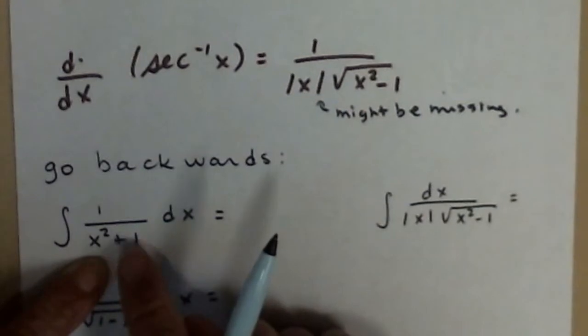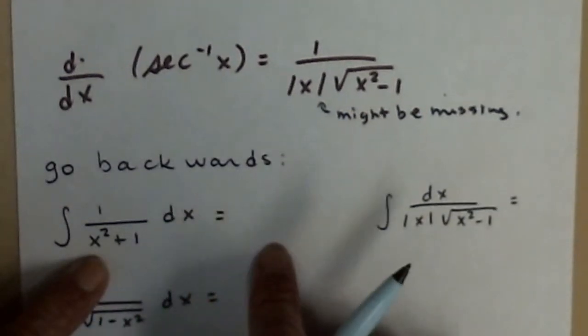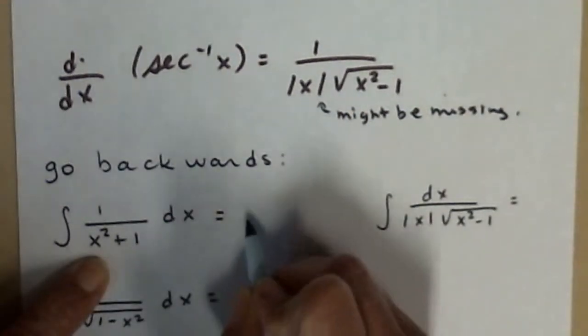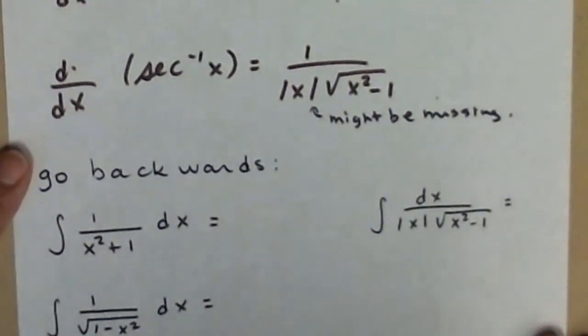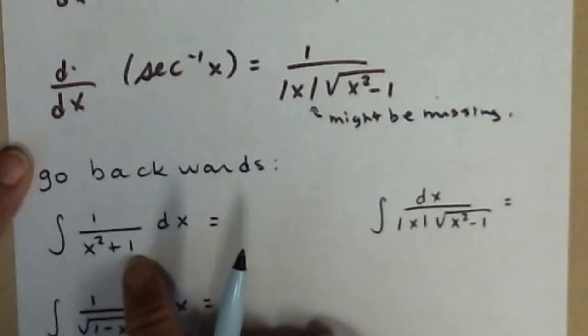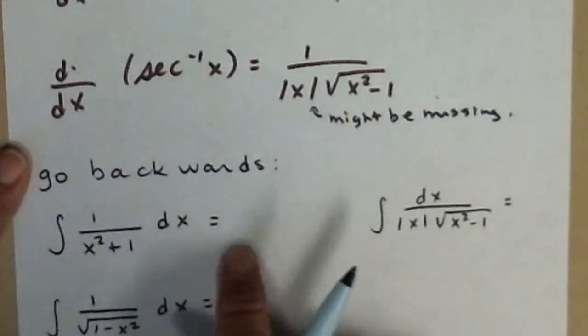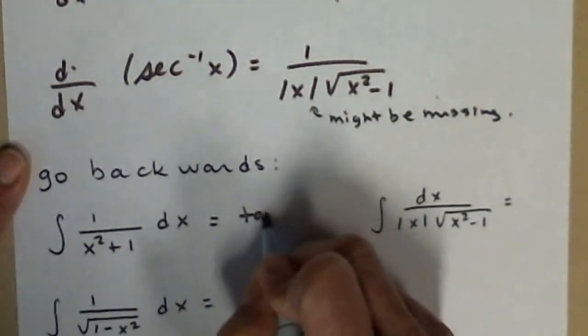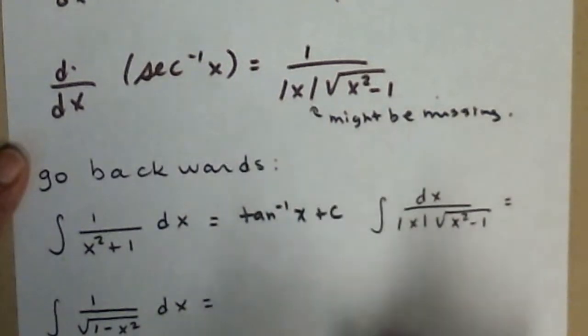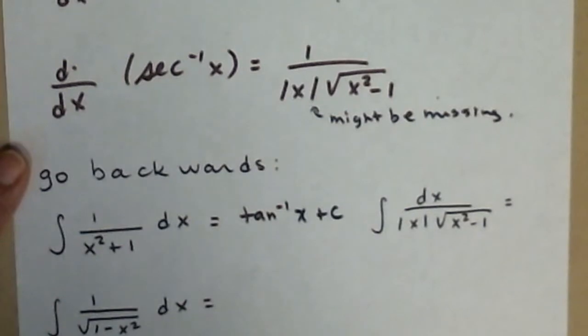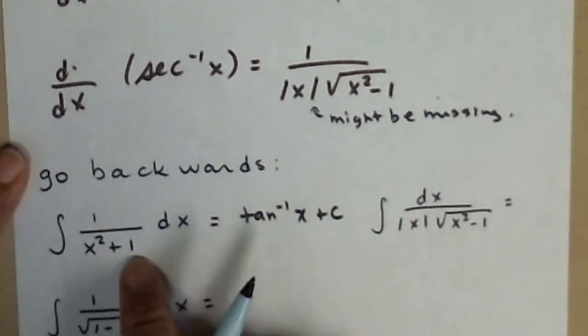If I know what function has this as its derivative, then I know the antiderivative of this one. So if I just do a comparison, what function leads to 1 over x squared plus 1 when I differentiate? Well, that's inverse tangent. No radical, x squared plus.